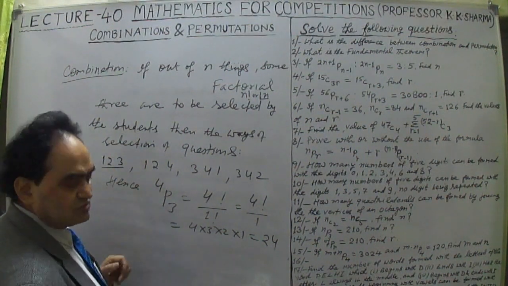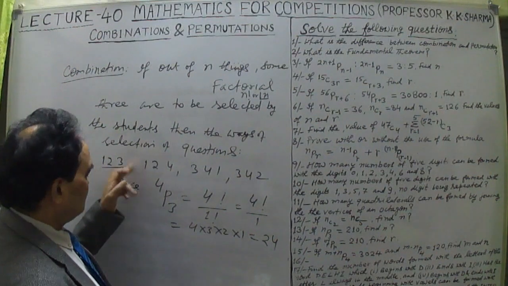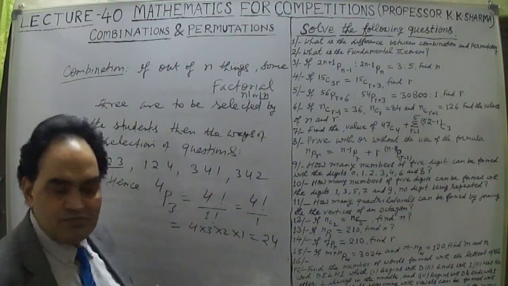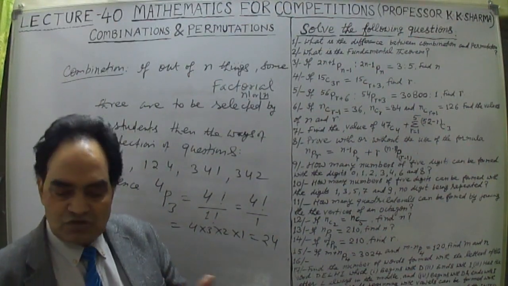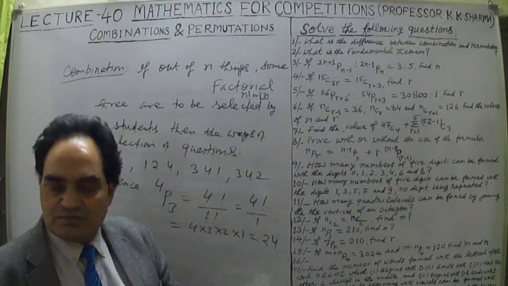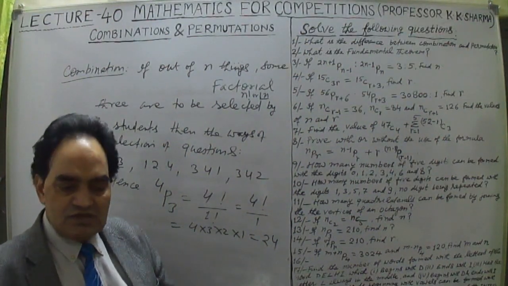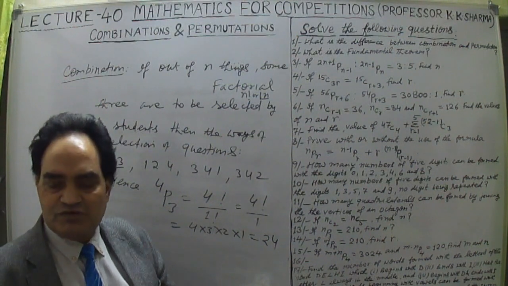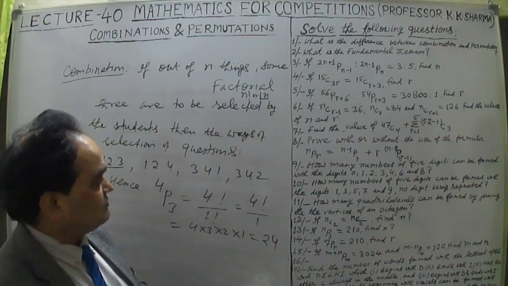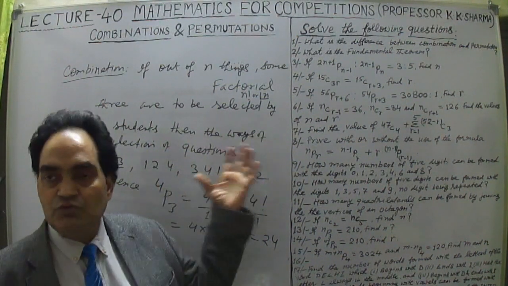In that way, order is important. If order is important, then it is permutation. Permutation is arrangement, and combinations are unique.